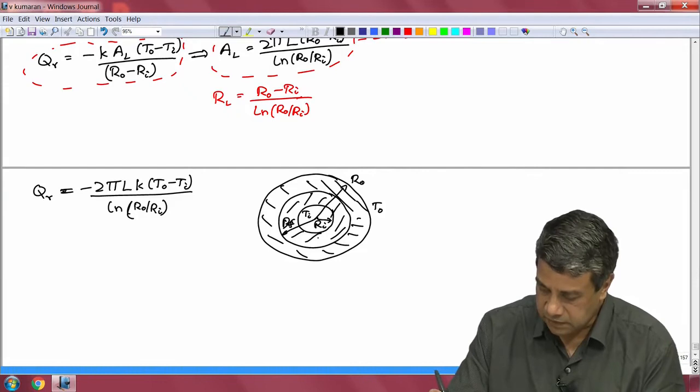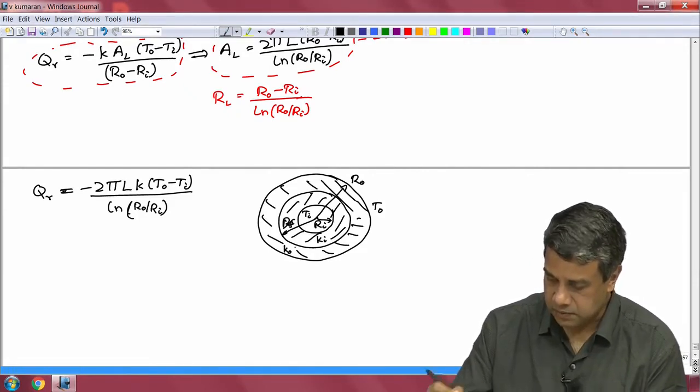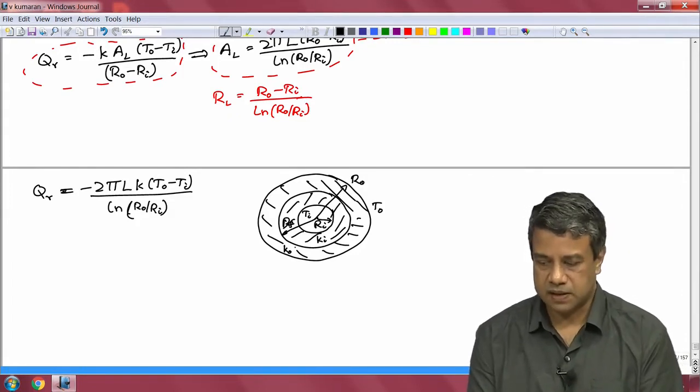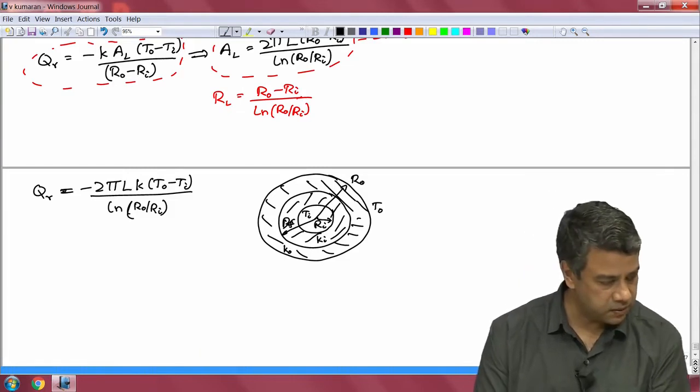Given that the conductivity inside is Ki and the conductivity outside is Ko. Given these two conductivities, I would like to find out what is the heat transfer rate in this case, between these two.